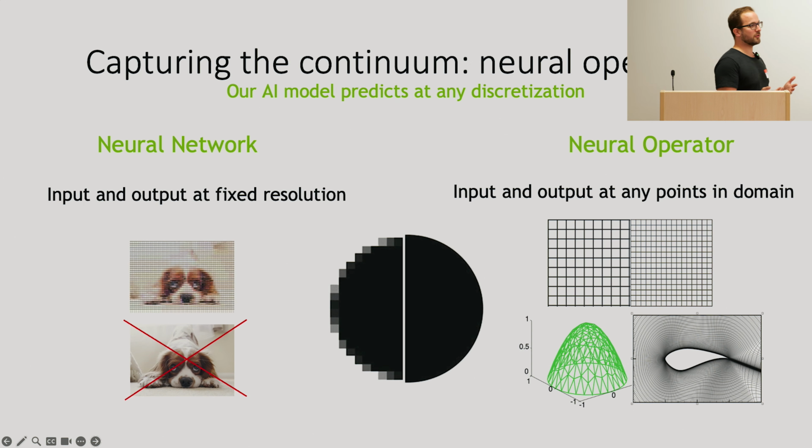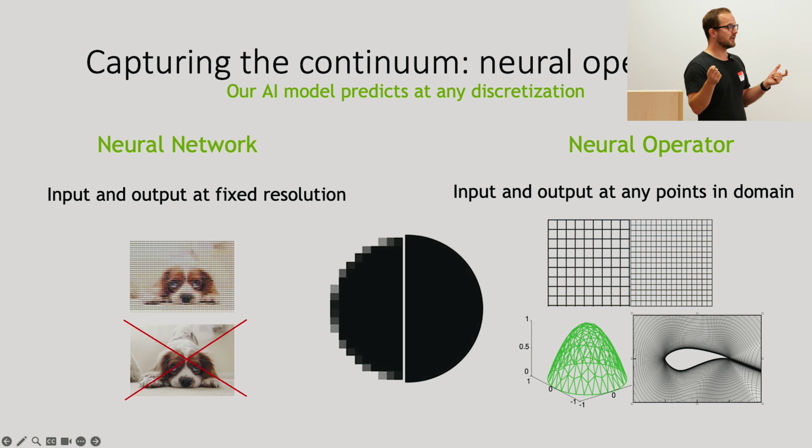So this is where neural operators come in. Traditionally, regular neural networks work on inputs and outputs at fixed resolution. For example, in an image-to-image problem, you take your U-Net, you train at a fixed resolution, and you predict at this fixed resolution. But once you've trained your model, you cannot easily do inference or retrain at a different resolution.